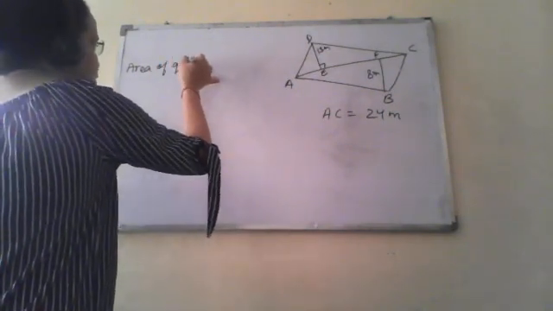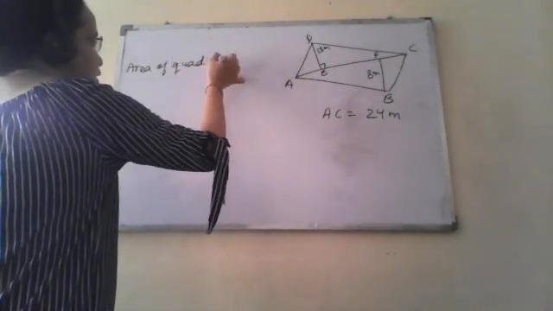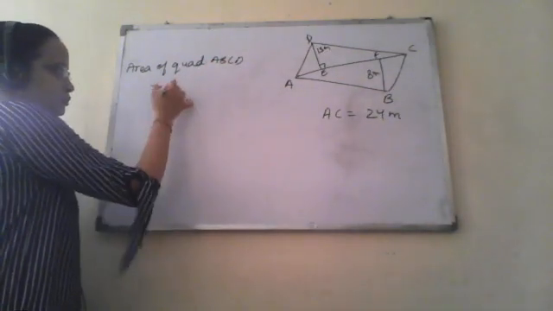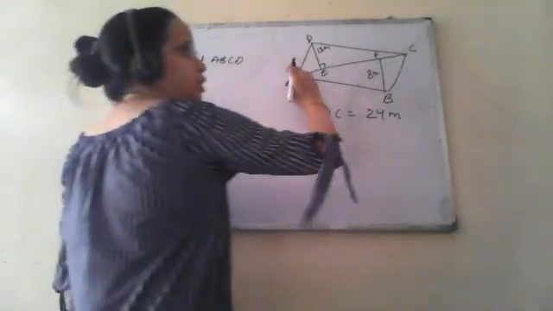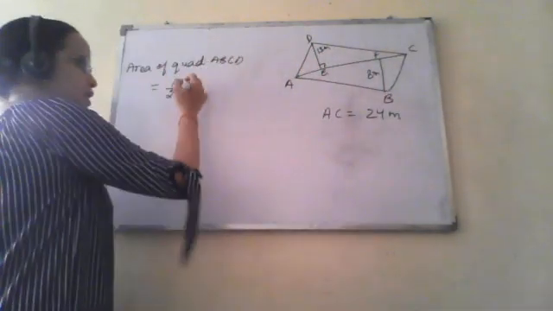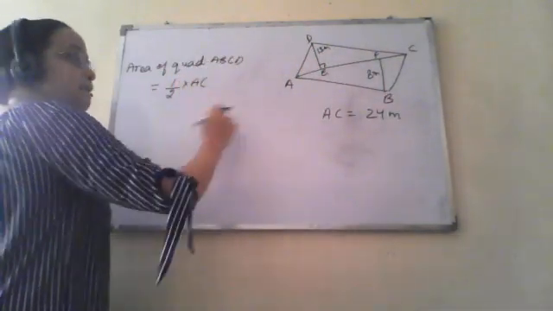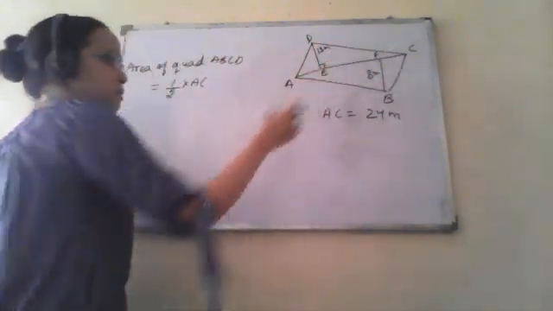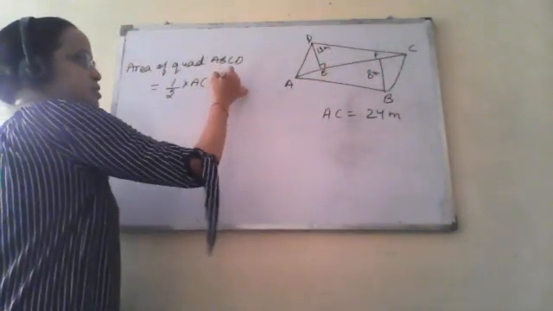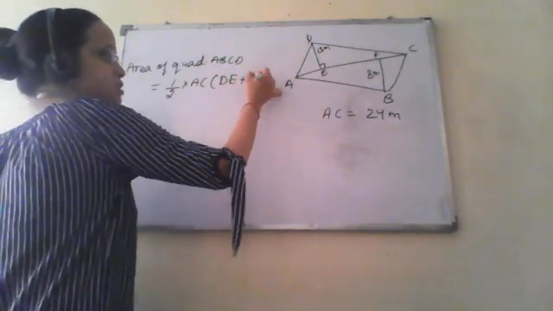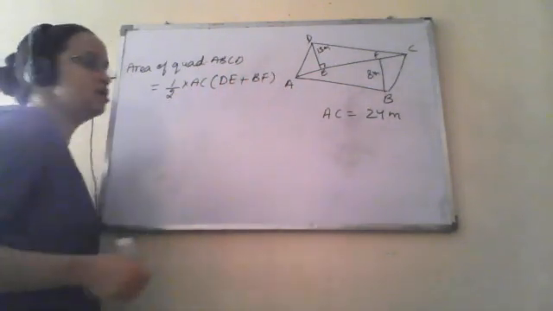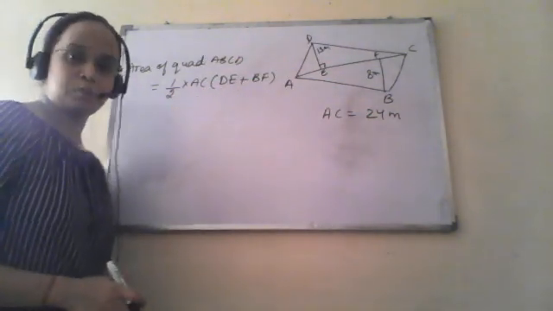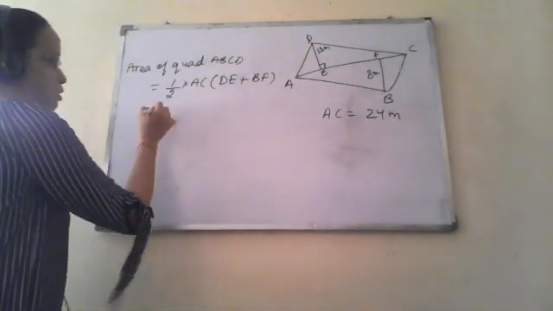Area of quadrilateral ABCD equals 1 by 2 into diagonal AC into the sum of the heights of these perpendiculars. So this is DE plus BF. I have explained how we derived this formula in the last video, so you can check it out there.